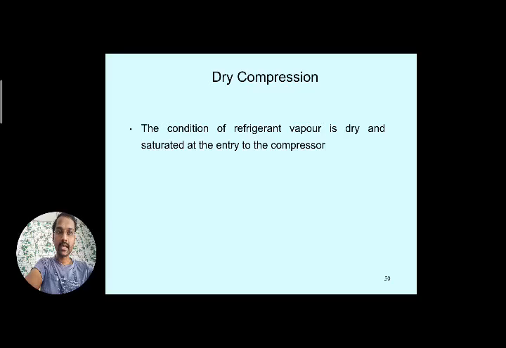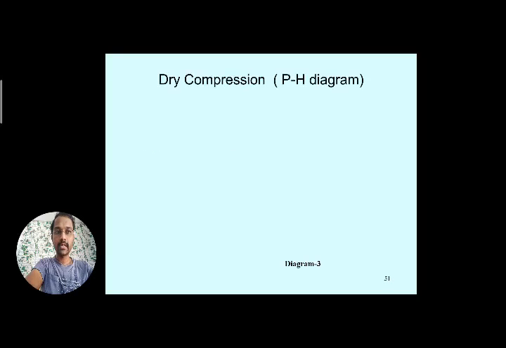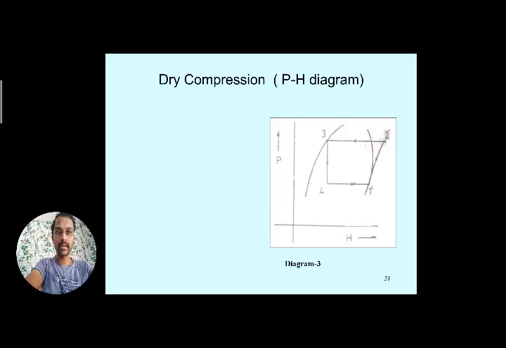And the next one is dry compression. It mostly happens when the refrigerant reaches the entry of the compressor in the dry state, that is, dry and saturated vapor. If you observe the diagram here, compared with the previous case, wet compression, where it is not completely saturated, in dry compression point 1 is present on the saturated vapor line.